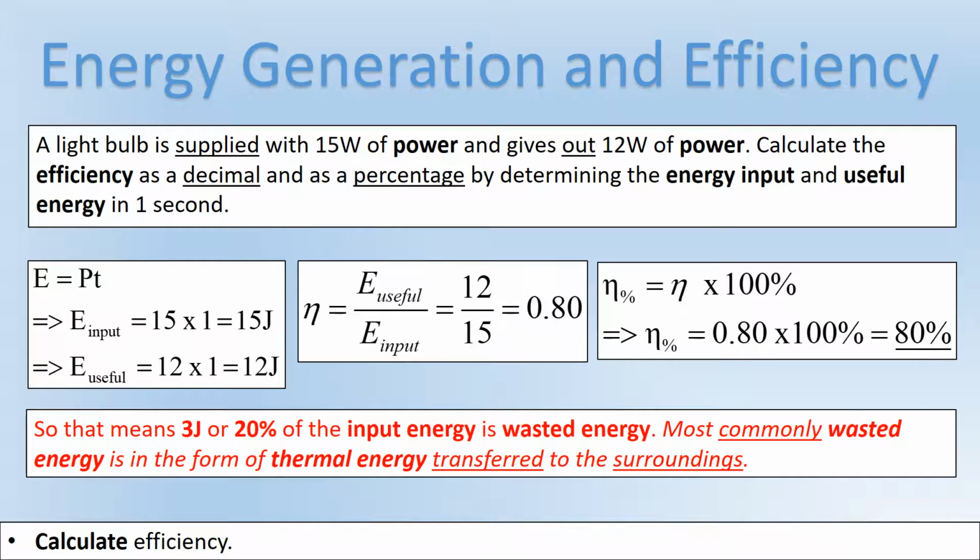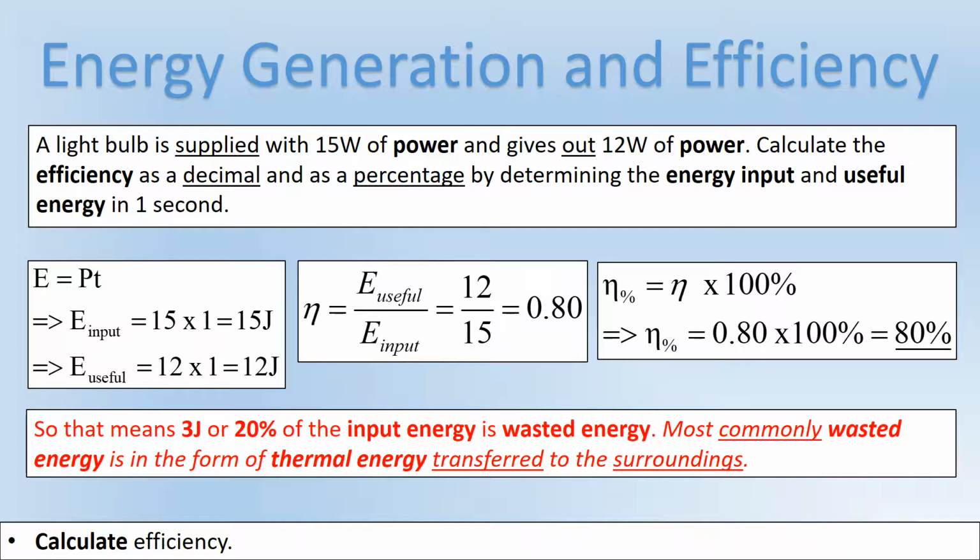So that's calculating efficiency. Let's have a look at an example. Say we've got a 15-watt bulb and it gives out 12 watts of power in the form of light. What we want to do is work out the efficiency as a decimal and as a percentage. We're going to do that by determining how much energy is input and how much is usefully transferred in 1 second, using our equation for linking energy and power.